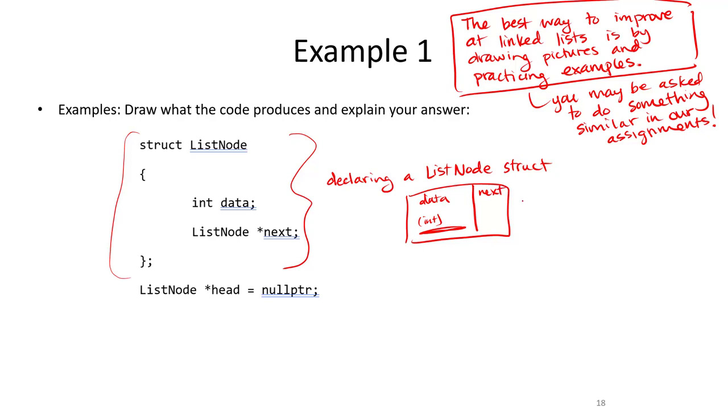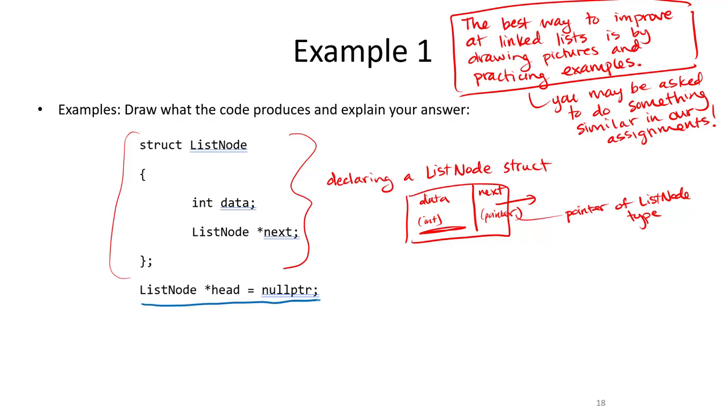And then we have a pointer named next, where next is a pointer of list node type. So in this case, this is just a declaration so we know what a list node type data is. In this case, a list node struct contains a pointer next and an int type value data. So first bit of code is just a declaration. It's not actually producing anything yet.